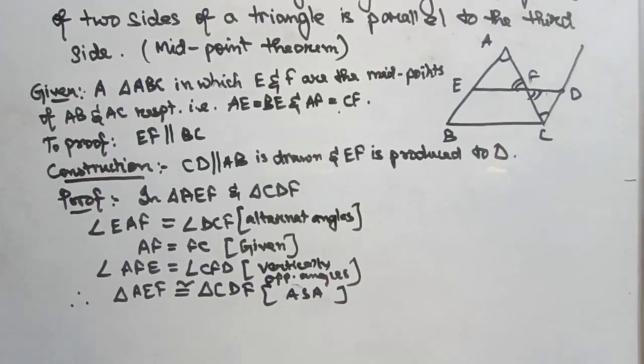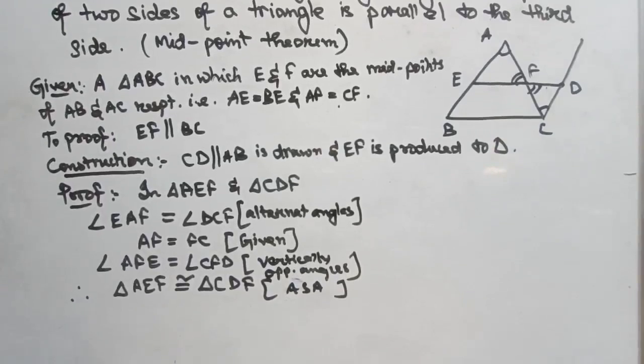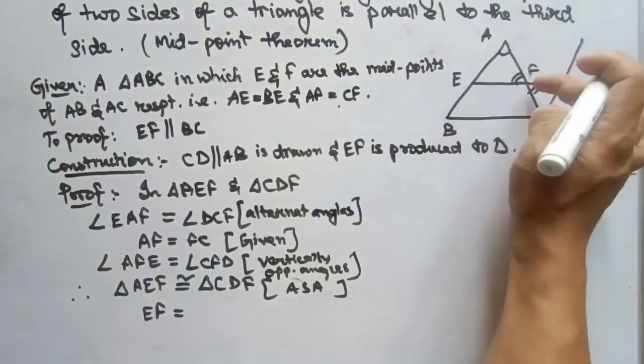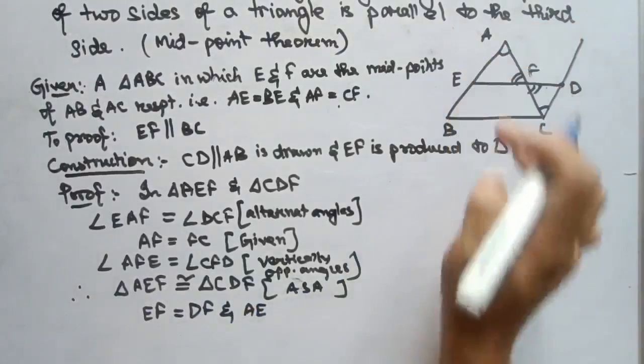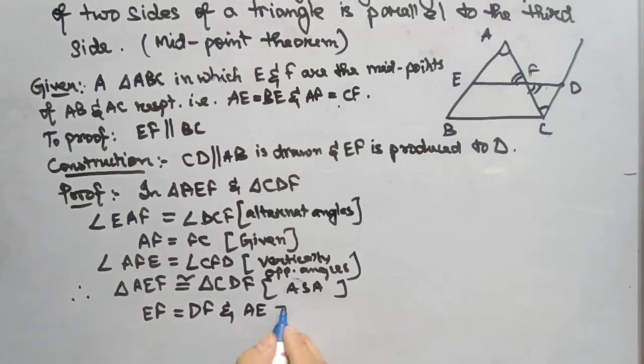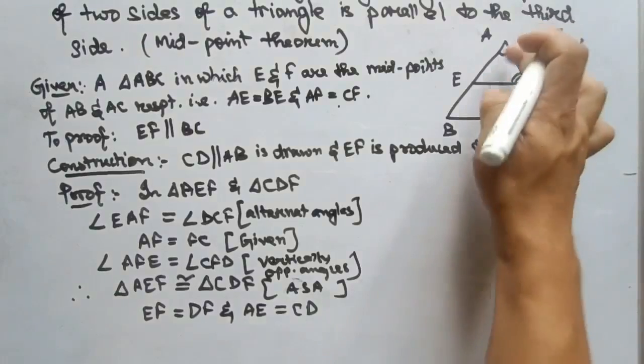Now, since these two triangles are congruent, we can say that EF is equal to DF, and also AE equal to CD. But also we know that AE equal to BE.